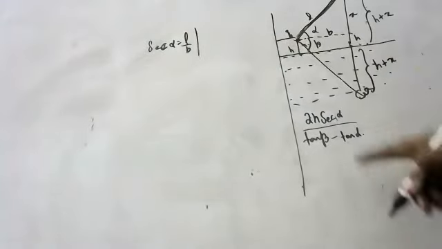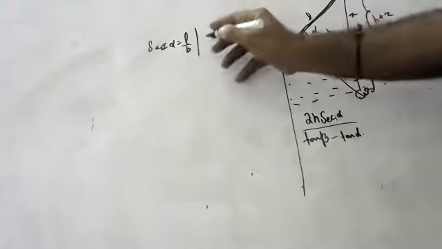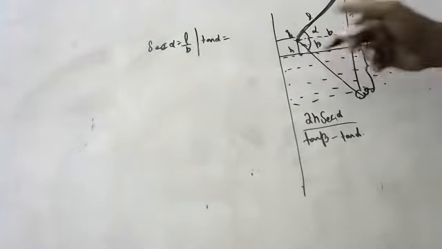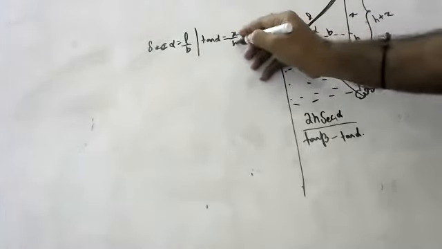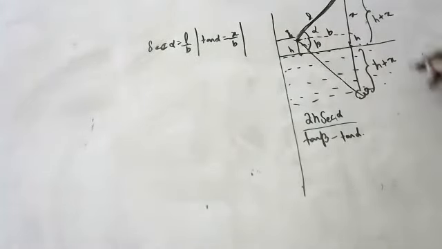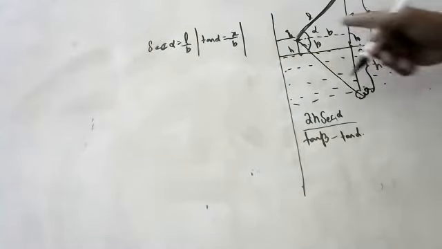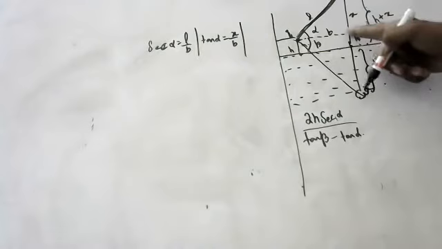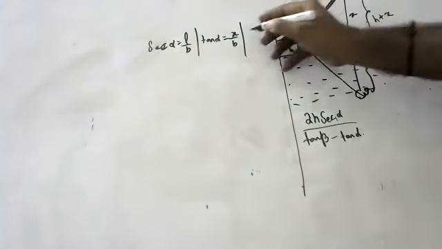Leave it like that. Can anyone help me with tan alpha in this question? x by b. Can anyone help me with tan beta, children? 2h plus x by b. Very good, because from here to here, children, it is 2h plus x by b.